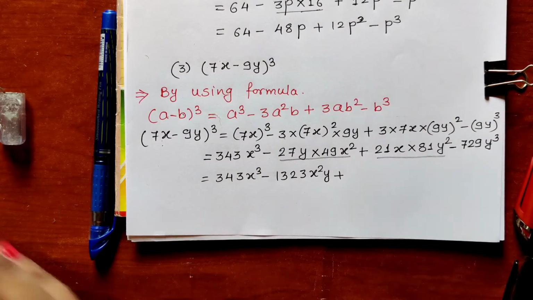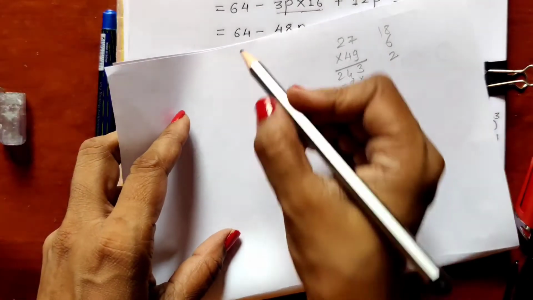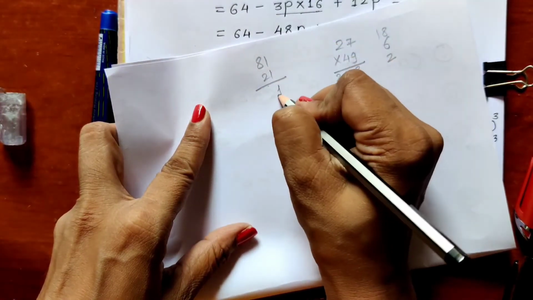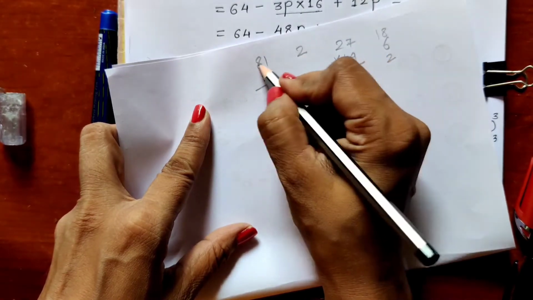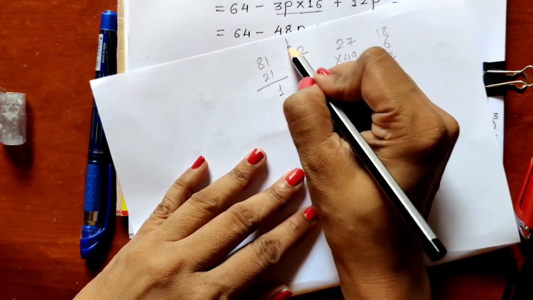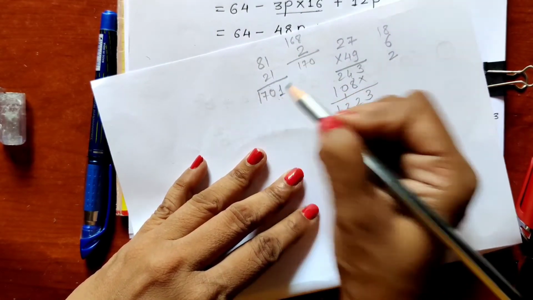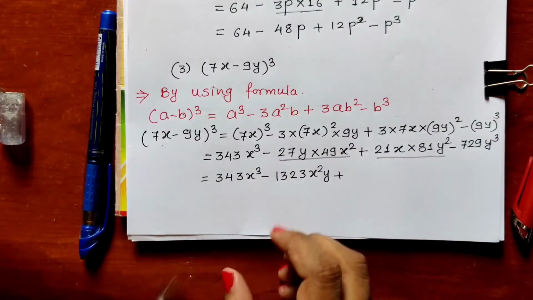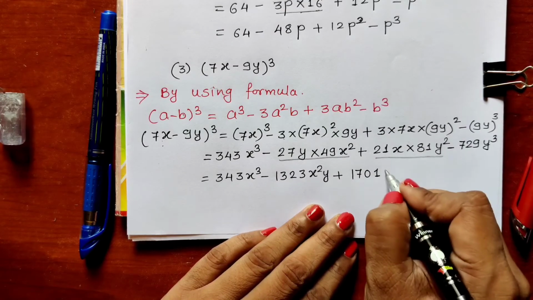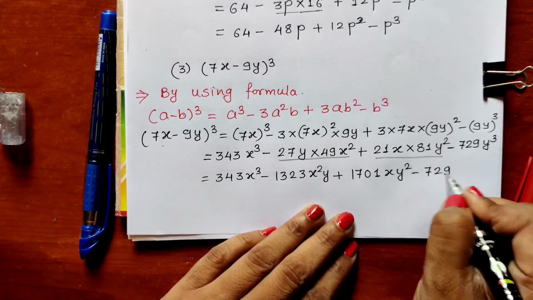Now we have to multiply 21 into 81. 21 ones are 21. 21 eights are 168, and 168 plus 2 is 170. So we got 1701. We write x first and then y square, and the last term is 729y cube.